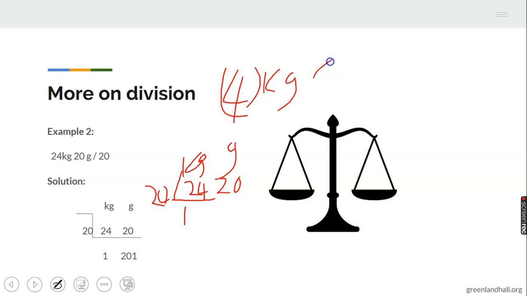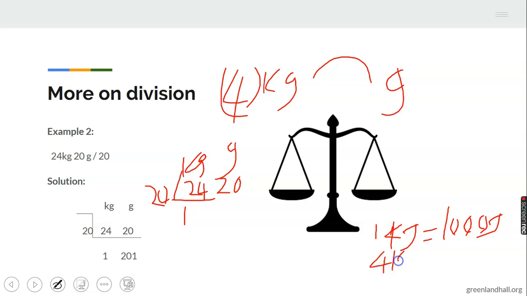And we are moving it to the side of gram, of g. You know that they are not on the same conversion level again. So when you move your 4 kg to grams, it becomes what? 1 kg equal to what? 1000 grams. So 4 kg will give us what?